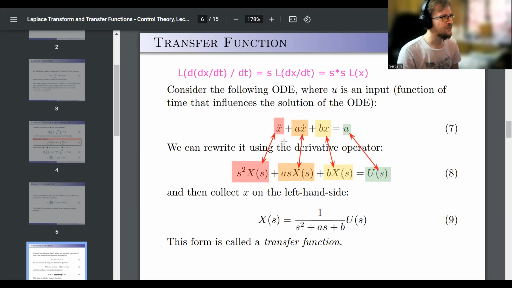That is something we have to work out, okay? And if I say sine of t plus 1, again, I have to work out the Laplace transform for sine of t and for 1, etc. For complicated functions, this might be a huge headache. For sine of t, cosine of t, step function, etc., there are tables. So you can just look up what the Laplace transform of any of those is.